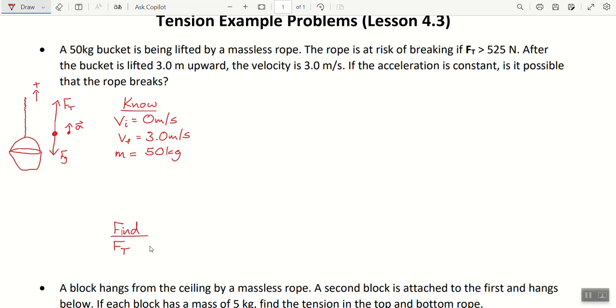How on earth would I write that this thing lifts or changes its position by 3 meters? Change in position. How do I write that down? What's my label? Delta, not T. Delta X. Okay, it's 3 meters. Anything else that we know? Ooh, that was the last one I think I needed.